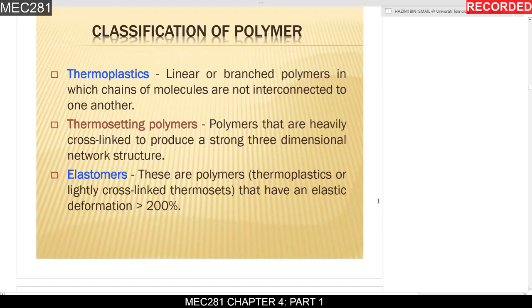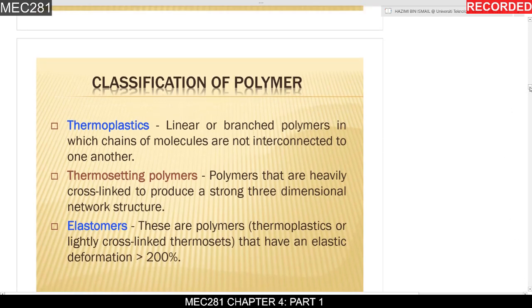And let's go to the classification of polymers. This is what we found in the early slides at the beginning of this video. There are three types of classification of polymers: thermoplastic, thermosetting, and elastomers.